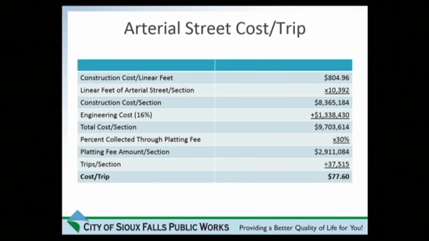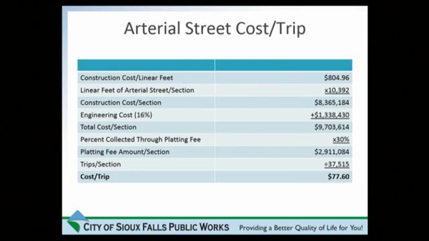So if you look at a section of land, it's bordered by 4 miles of arterial streets. And if you associate 2 lanes of each arterial street with the adjoining section, you come up with 2 miles of a 4-lane road.